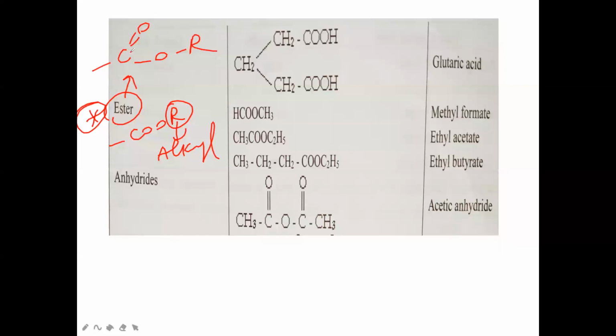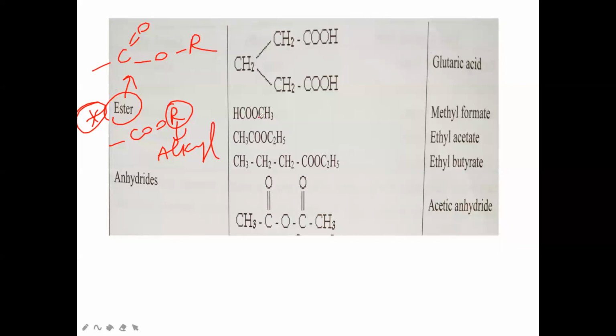C double bond O indicates the carbonyl group. Wherever the carbonyl group is present, that compound is called a carbonyl compound. So esters are also carbonyl compounds. COOR is the functional group of esters.